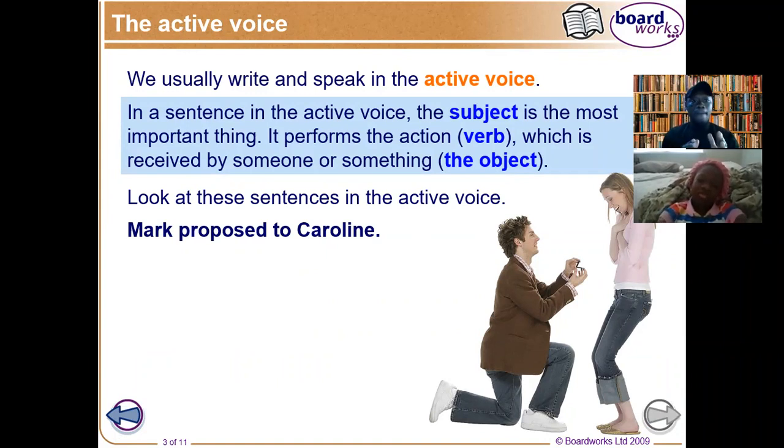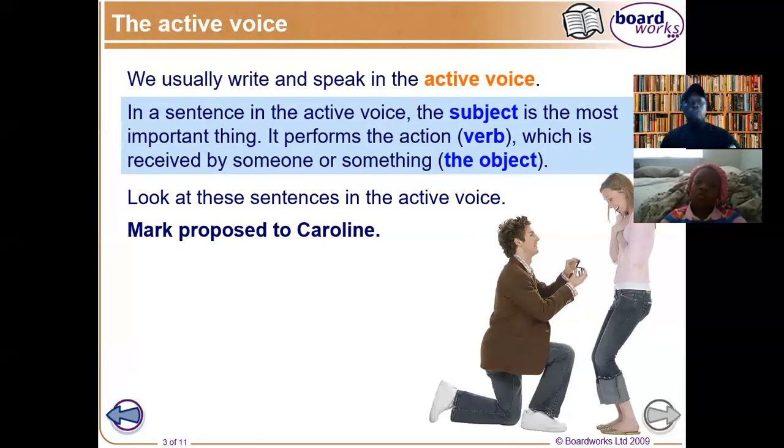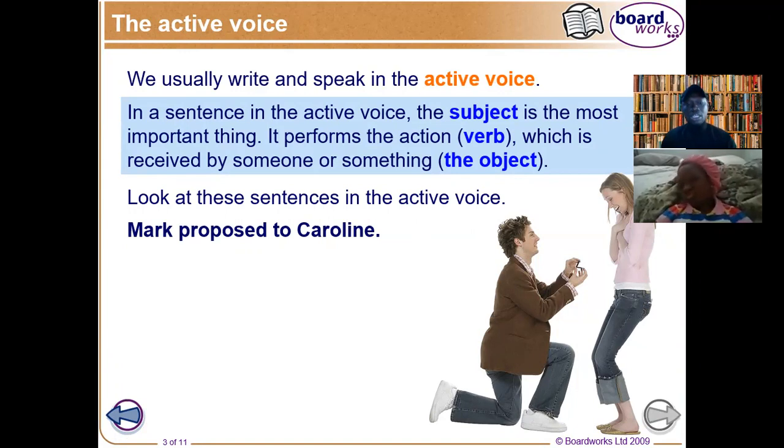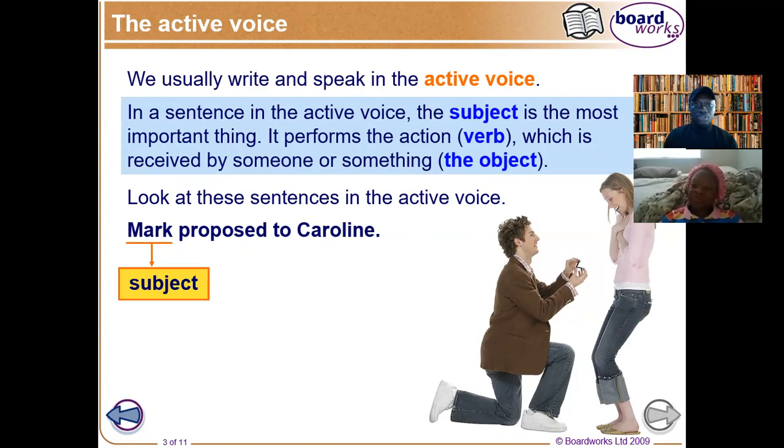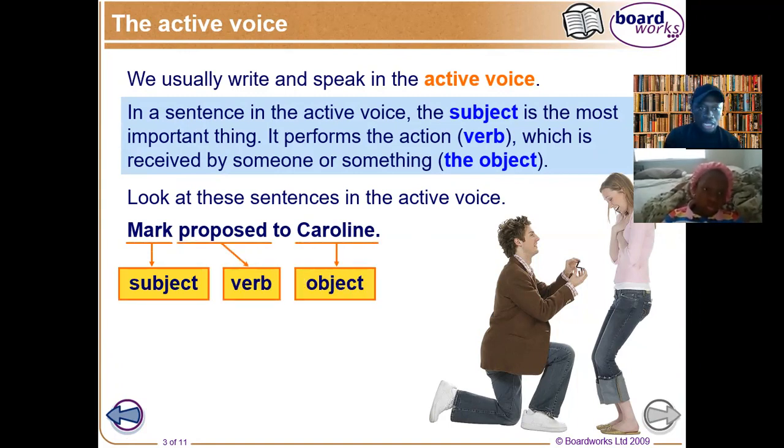So, Mark proposed to Caroline. Who is the subject there? Mark. Yes. Now, this sentence becomes an active voice because Mark, being the subject, begins the sentence, right? Yes. So if the subject begins a sentence, it is called an active voice. You can say Mark is the subject, proposed is the verb, and the object is Caroline.